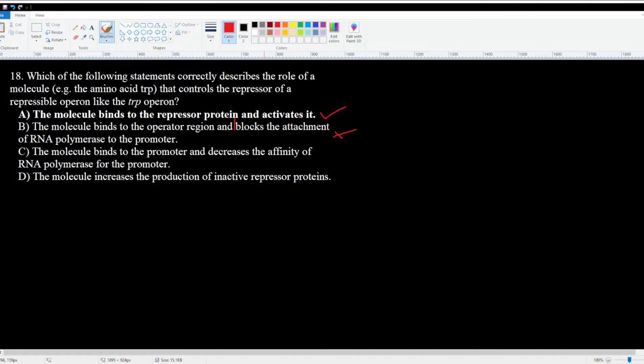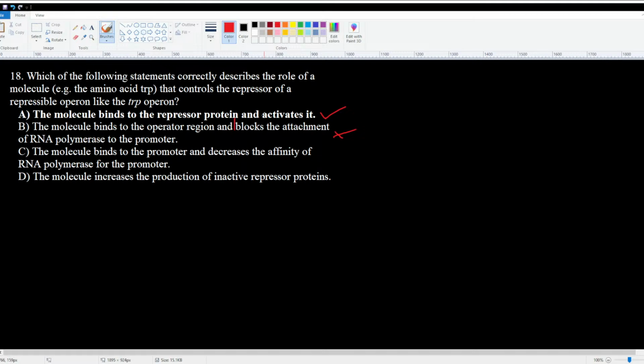So, if we combined A and B, we can say the molecule binds to the repressor protein and activates it, which goes on to block the attachment of RNA polymerase to the promoter, which therefore shuts off the operon, inhibiting the production of tryptophan within the cell.